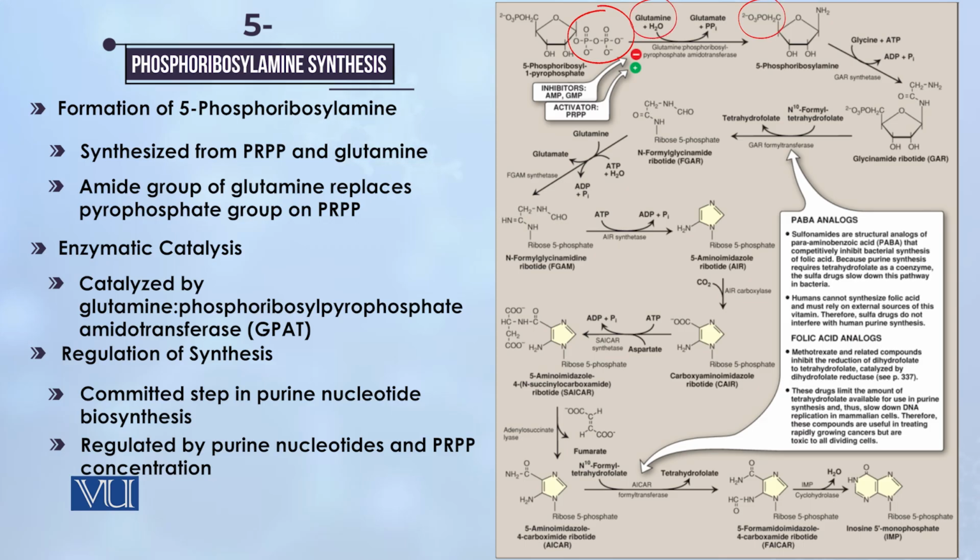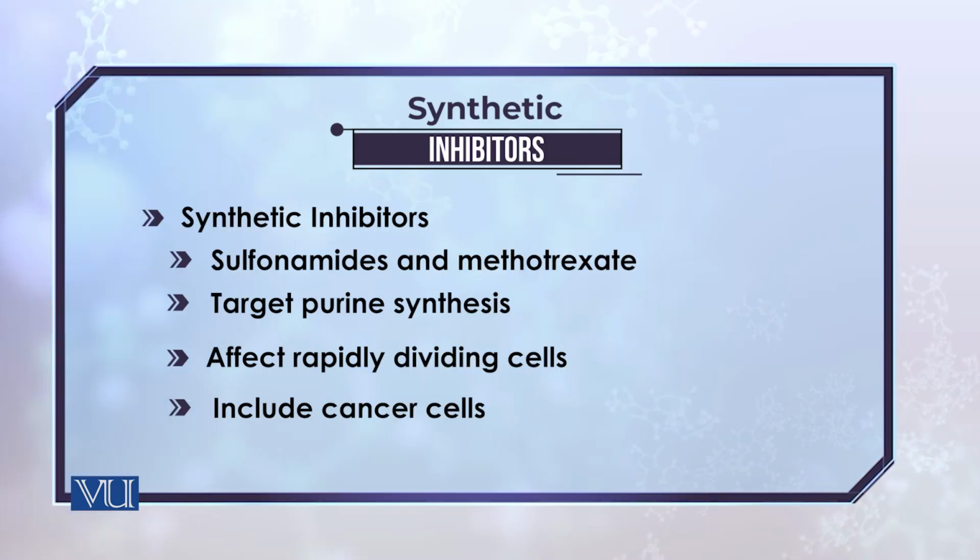In this way, glutamine replaces the phosphate group, giving rise to 5-phosphoribosylamine. As I have told you, this is our rate limiting step, because the regulation of the synthesis of the purine very much depends upon this reaction. There are also inhibitors of this reaction, some of them very important.